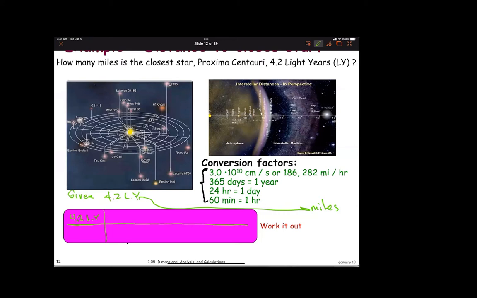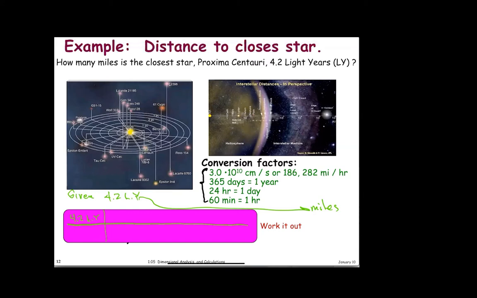Okay, so a light year is the distance light travels in 1 year. So let's say that this is 1 year, 4.2 light years. So it's basically 4.2 years for light to travel. The first thing that we want to do is find this right here.